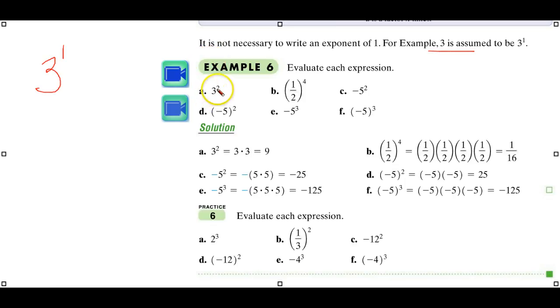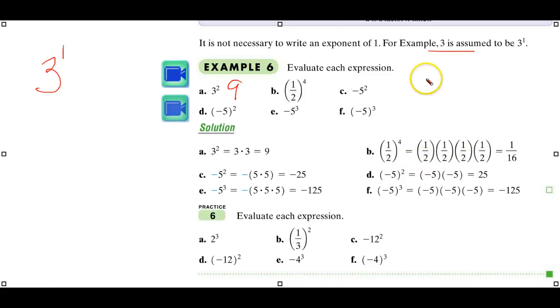So 3 to the second is 3 times 3 is 9. Now this, as we see down here, indicates 1/2 that is written 4 times. So this becomes 1/16th. The exponent applies to the numerator and denominator.